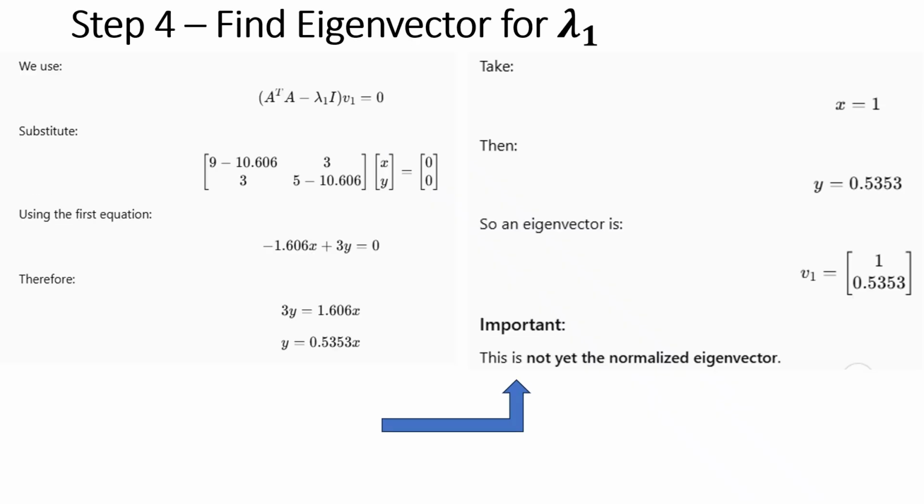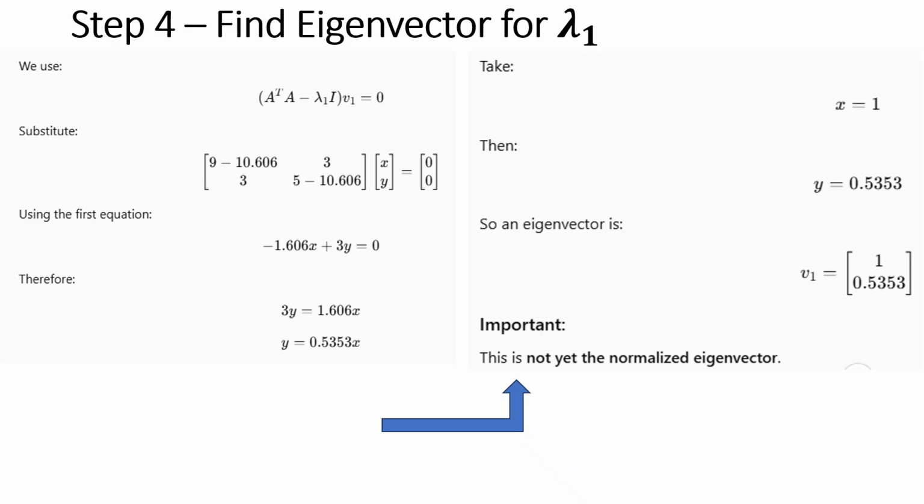Now, finding the eigenvector for the first eigenvalue. Use the equation (A minus lambda I) times V is equal to 0, where instead of A we are using A transpose A. So we have [9 minus lambda, 3; 3, 5 minus lambda].